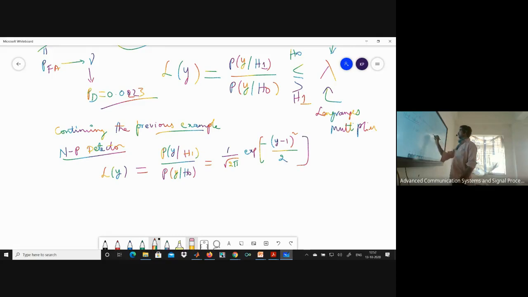This will be your numerator, divided by 1 upon root 2 pi exponential of minus y square by 2, less than or greater than this is lambda, and this is H naught and this is H1.